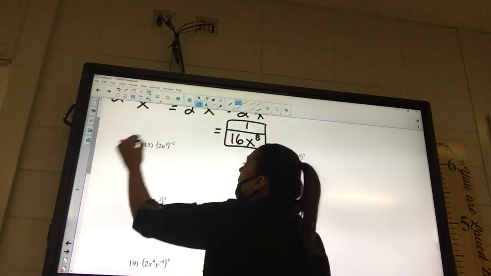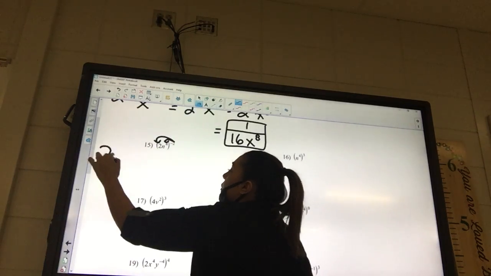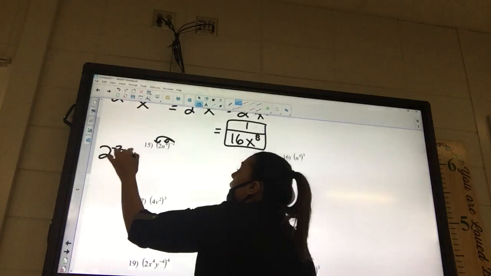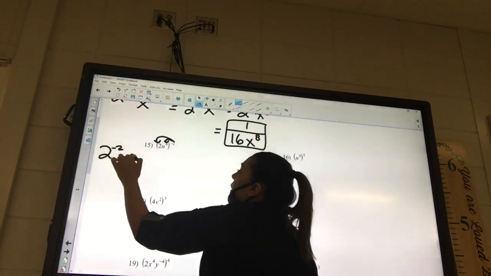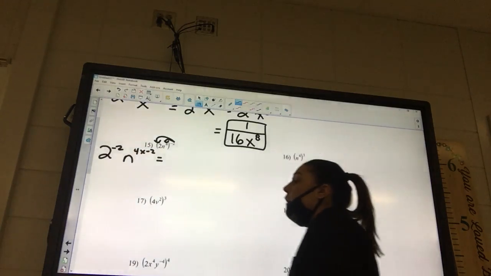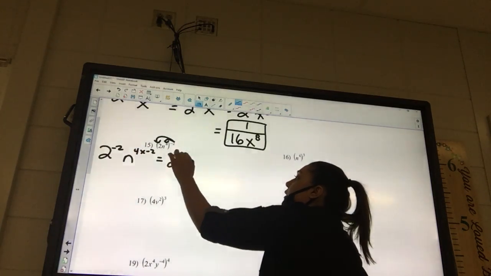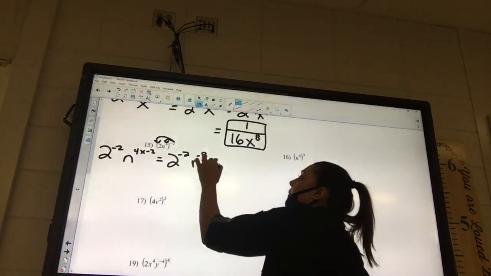So 15. You need to apply this to each piece. So I'm going to have 2 to the negative 2, n to the 4 times negative 2. So I got 2 to the negative 2, n to the negative 8.